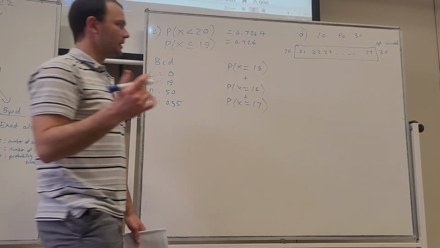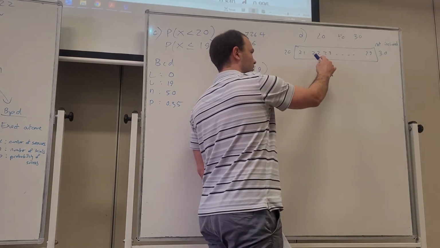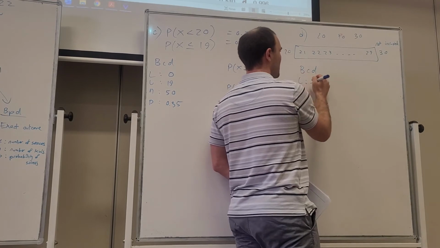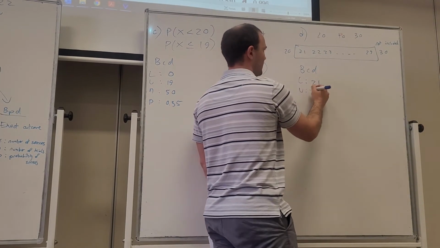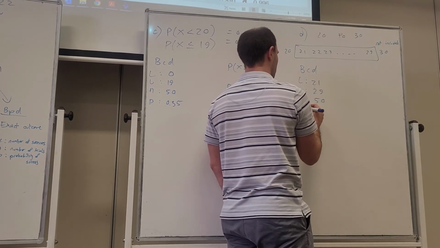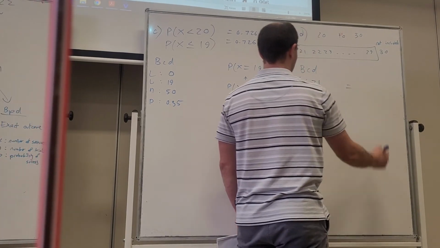So your calculator, I mean, you could work out the probability that 21 are rotten, plus the probability that 22 are rotten. But for our calculator, this is going to be a BCD calculation. Our lower boundary is 21. Our upper boundary is 29. We've got 50 trials, 50 apples in the crate, and the probability of being rotten is 0.35.